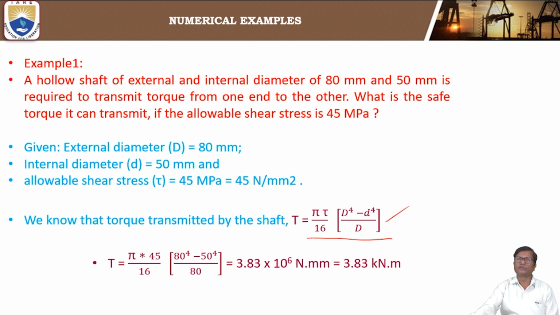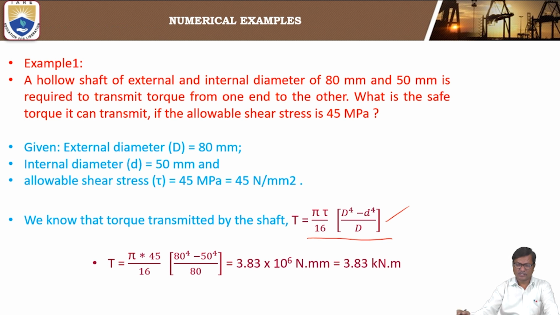First example reads like this: a hollow shaft of external and internal diameters 80 and 50 millimeters is required to transmit torque from one end to the other. What is the safe torque it can transmit if the allowable shear stress is 45 MPa?